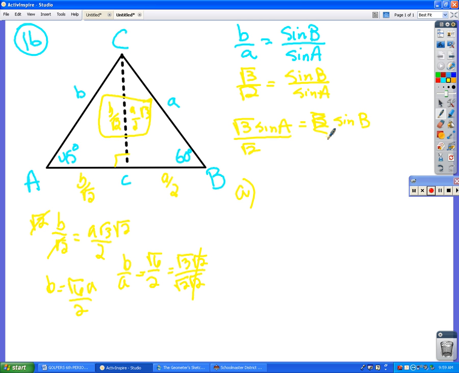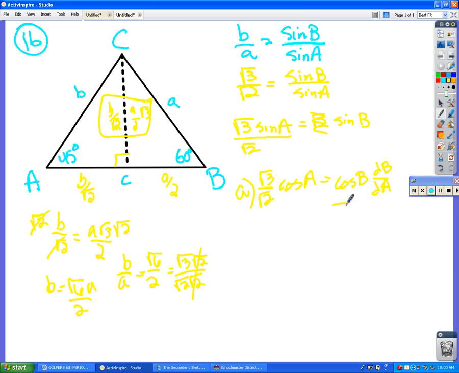So what's the derivative of this? It's going to be root 3 cosine of A, and that would be dA/dA, which is 1 because our independent variable is A. And then that's going to equal the derivative of this, and the derivative of the sine of B is cosine of B dB/dA, right?